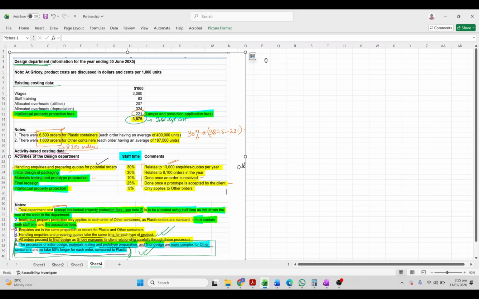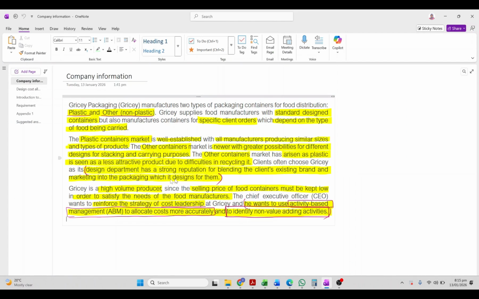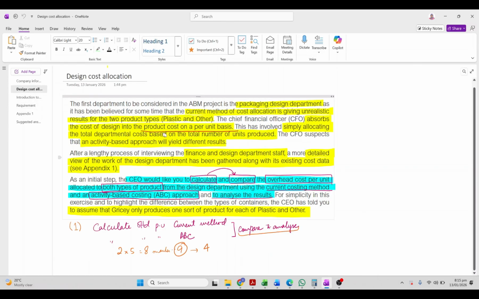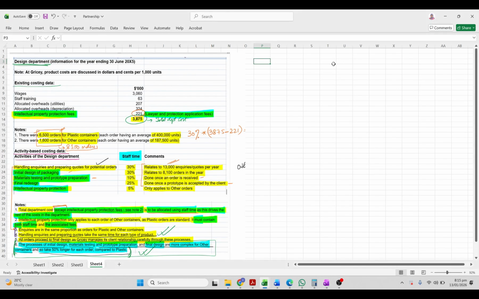First we were supposed to calculate the cost per unit by using absorption costing, right? So in absorption costing, the company was using a per unit basis. That's basically what we are supposed to do.